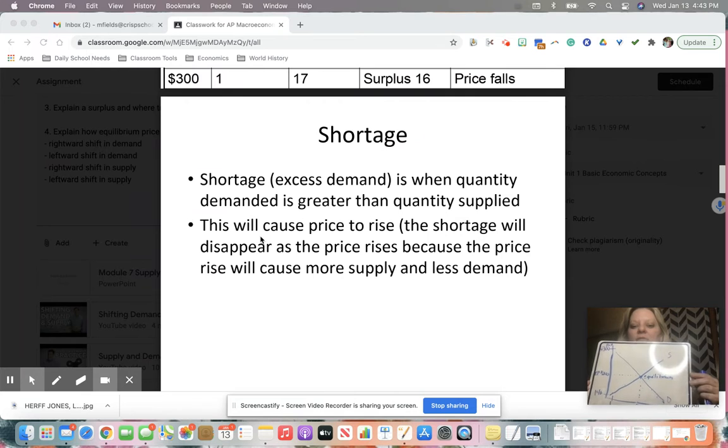One of the first things it tells us is where there is going to be a shortage. A shortage is if quantity demanded is greater than the quantity supplied.